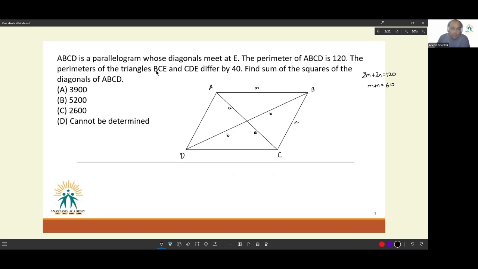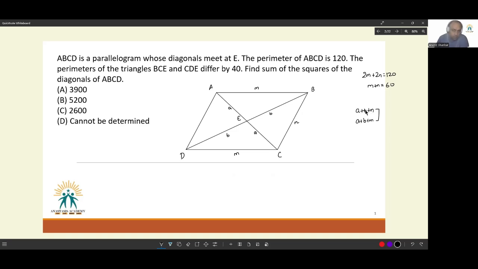The perimeters of triangles BCE and CDE, where their diagonals meet: BCE perimeter would be A plus B plus N, and CDE's three sides are A plus B plus M. Their perimeters differ by 40, which means the difference of these two is 40.